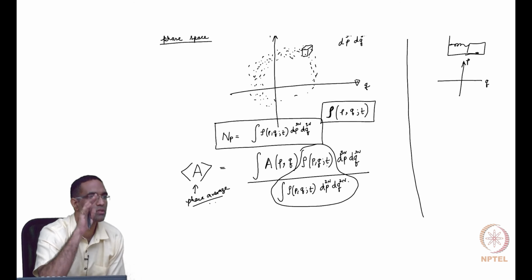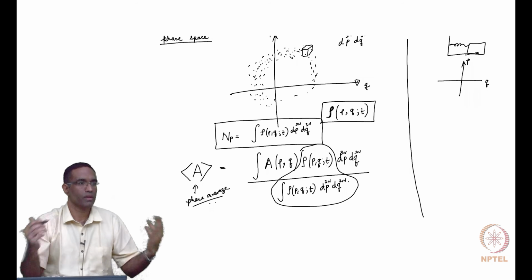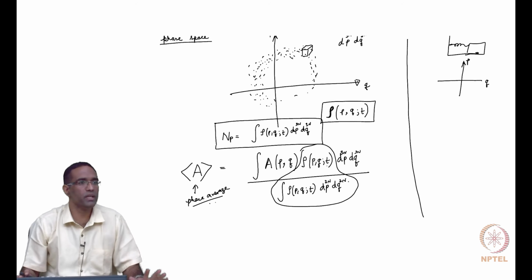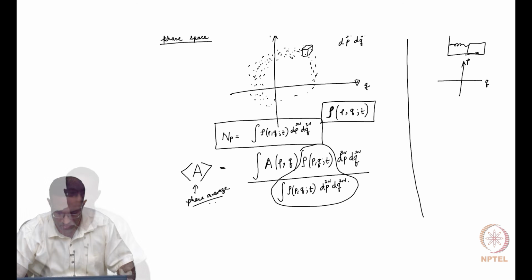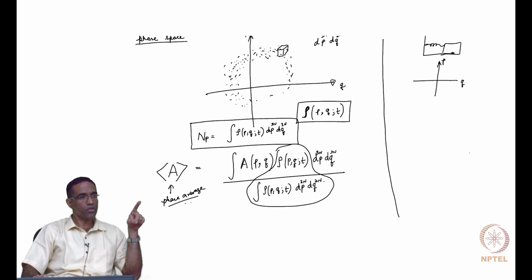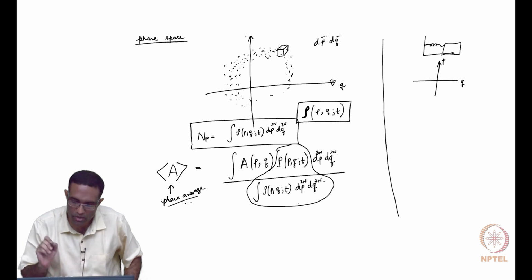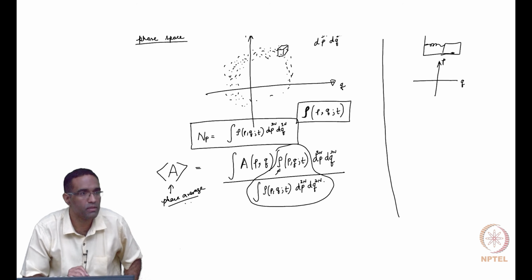Now if I am talking about a system which is in equilibrium, do you think this average quantity should vary with time? No, right? This average quantity A cannot vary with time if we are talking about a system which is in equilibrium, right? So the only thing here that actually depends on time explicitly in the way I have written it is this rho, right?